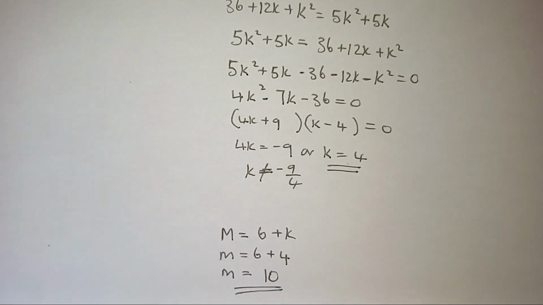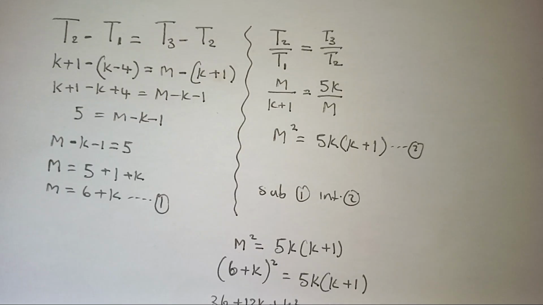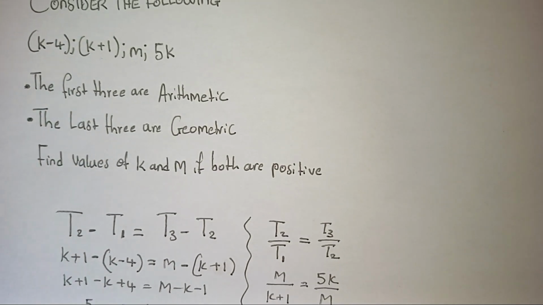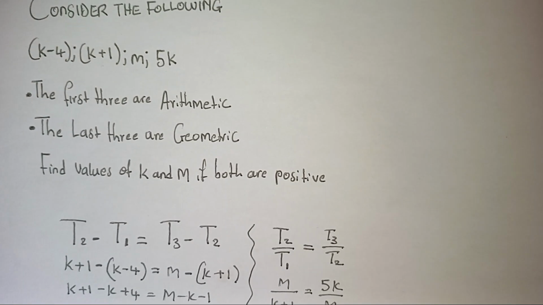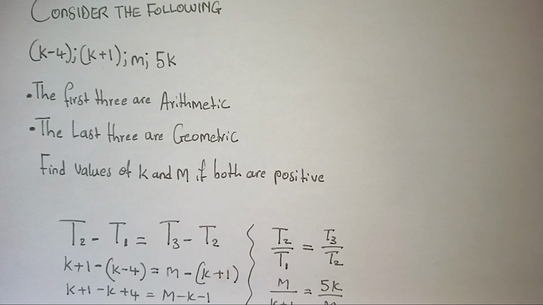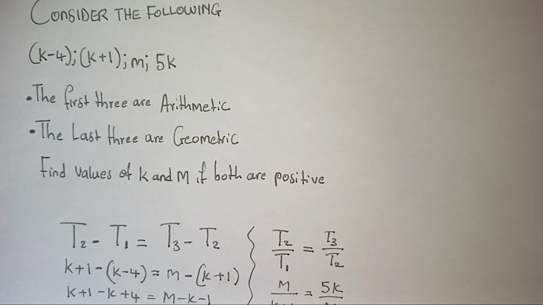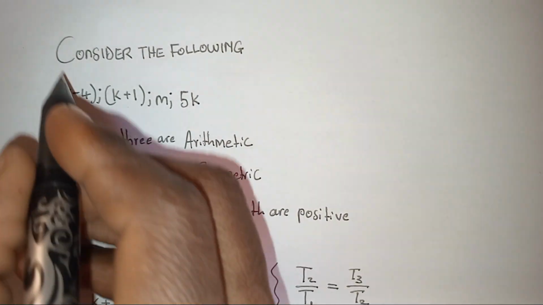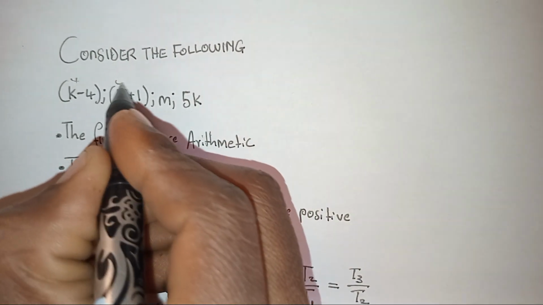Now, with that given, it means that we can write our sequence clearly. Remember, for k we found 4, and for m we found 10. So it means that here it's 4, and there it's 4.